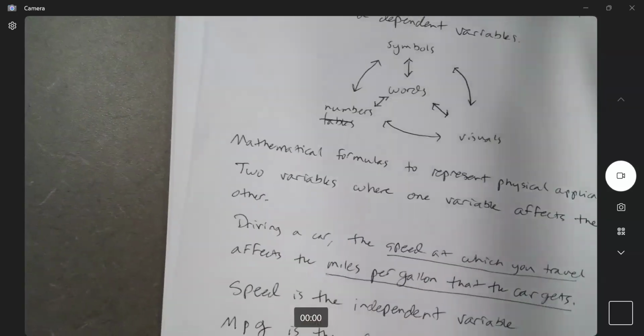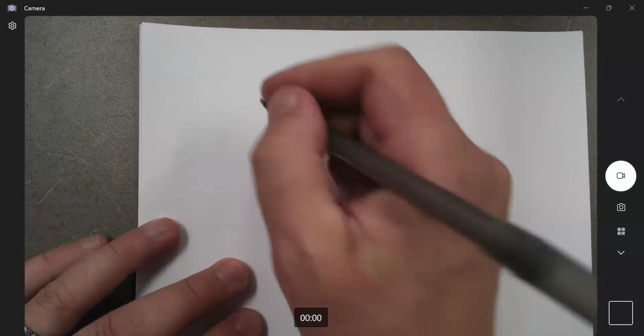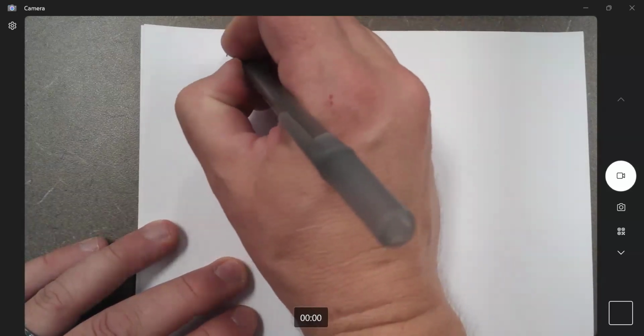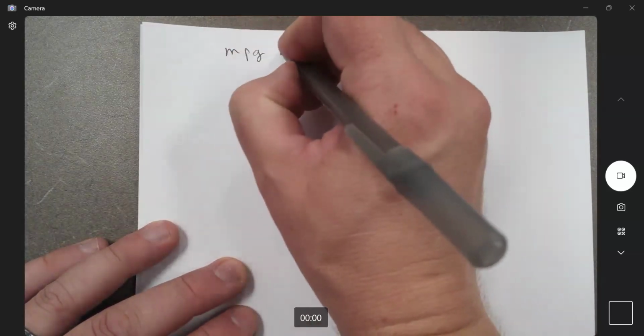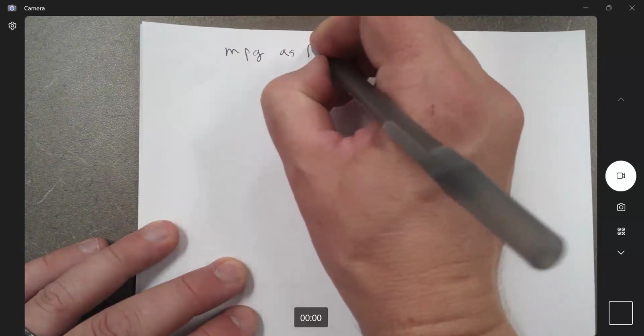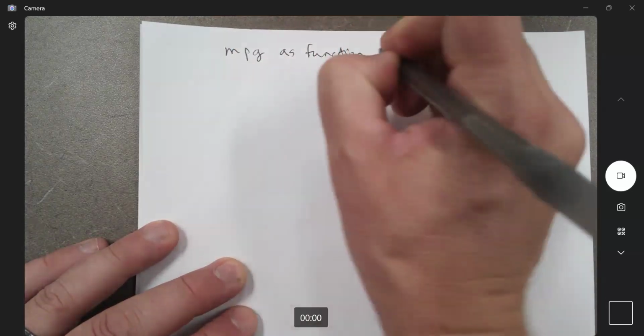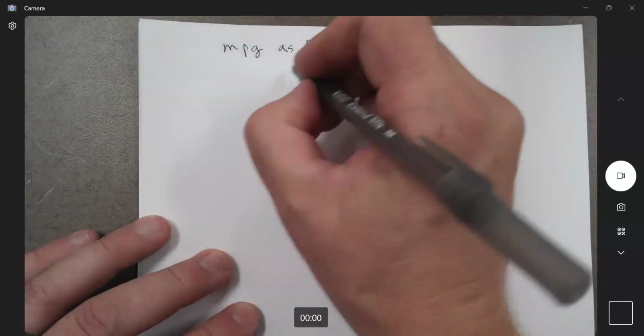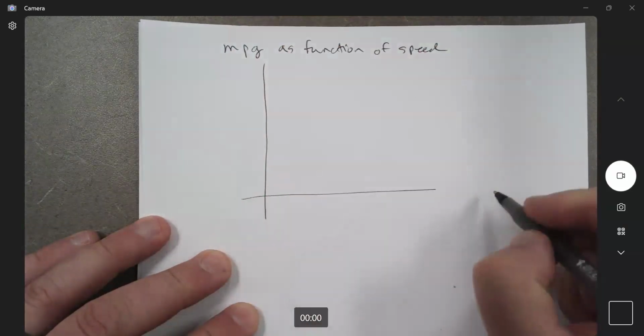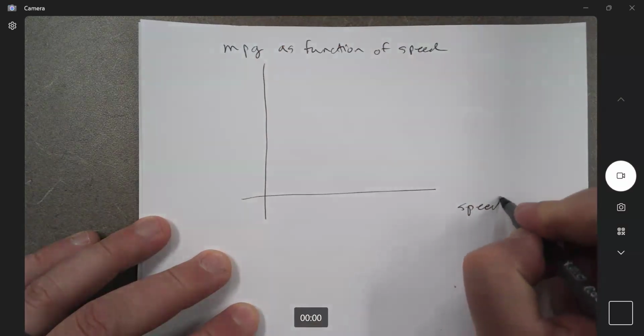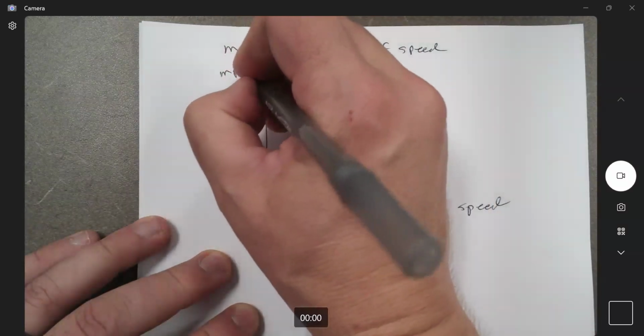Now, if we were to put this in a graph, we would say miles per gallon is a function of speed. And here's my speed, and here's my miles per gallon.